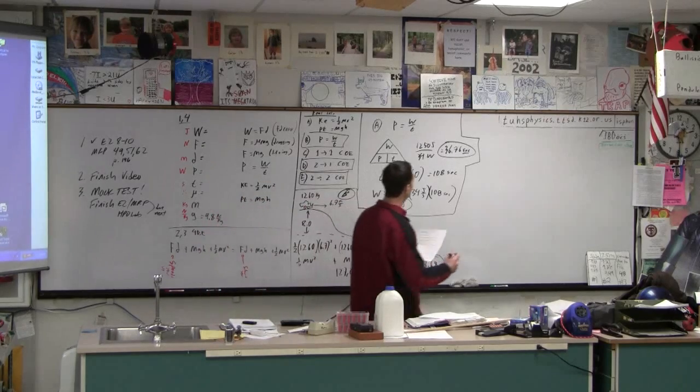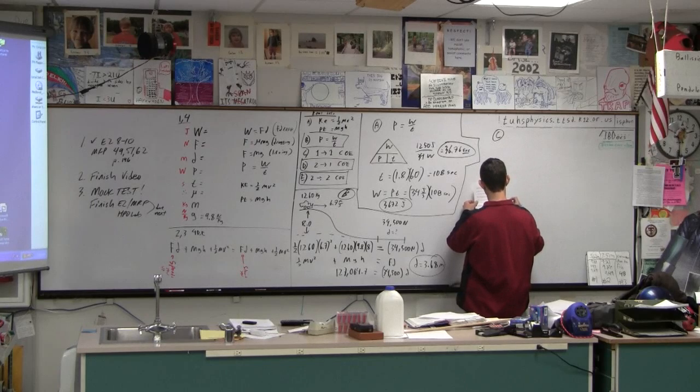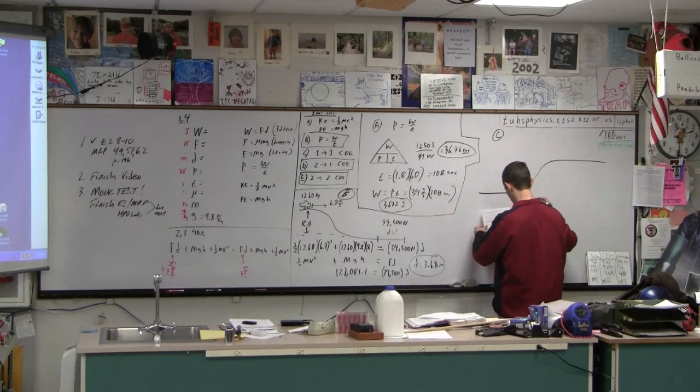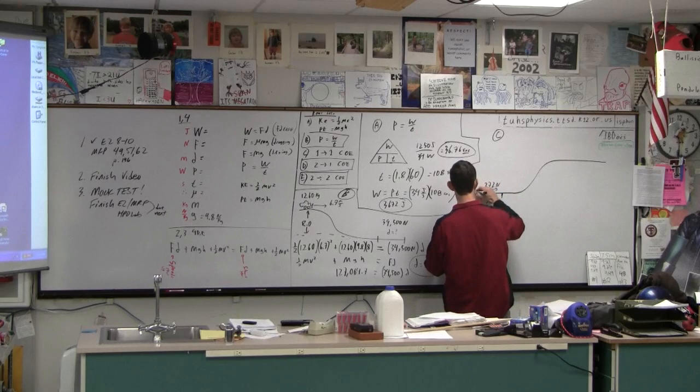And then C. C is difficult, right? A cart is at the bottom of a hill. I think it's going to go to the top of the hill since the hill is mentioned, right? And there's a force of 272 newtons that acts for 5.8 meters. And this is a 62 kilogram cart.